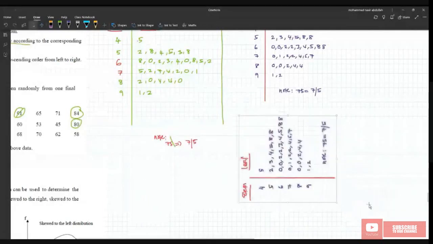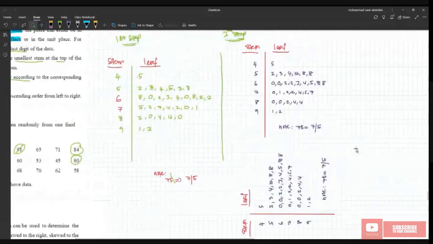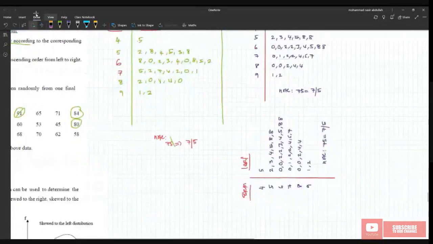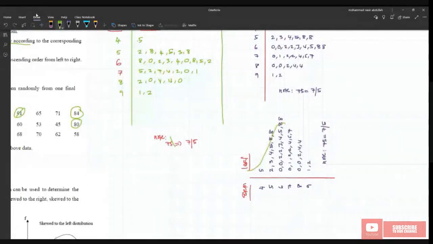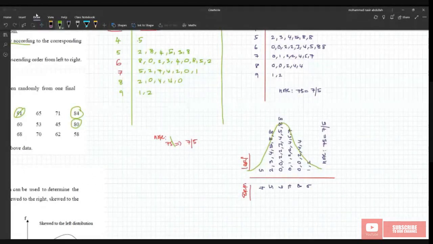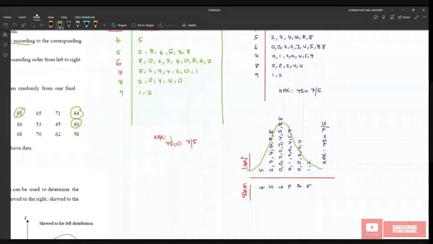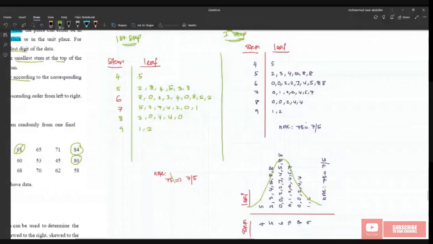If you rotate your stem and leaf, you will get it like this, right? So this is going to show you the shape of distribution, normally distributed. Later I will show you what is the normally distributed shape and what is skewed to the right and skewed to the left. So this basically you got the idea. So we want to see the shape of distribution by constructing stem and leaf display and histogram chart.